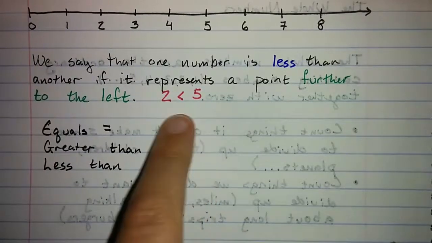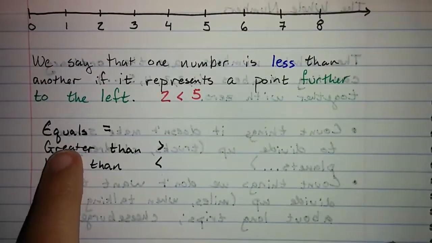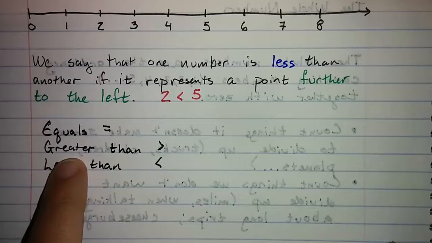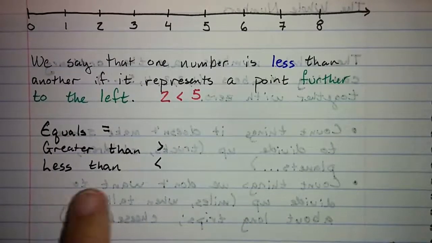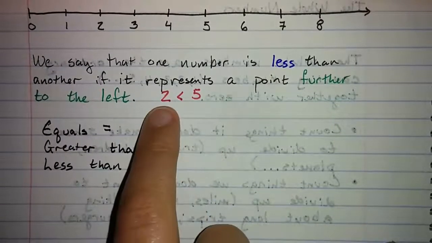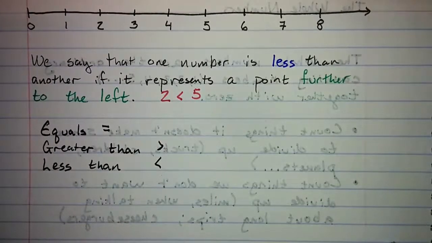So that's a convenient way to remember which of these is which. If you're having trouble with these terms, think greater means bigger, right? Less means, well, less, like 15 items or less at the grocery store. Right, so if the sentence makes sense, 2 is less than 5. Well, that's what symbol you have on your hands.